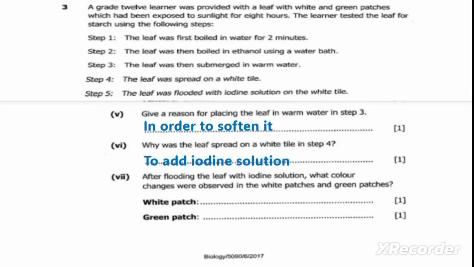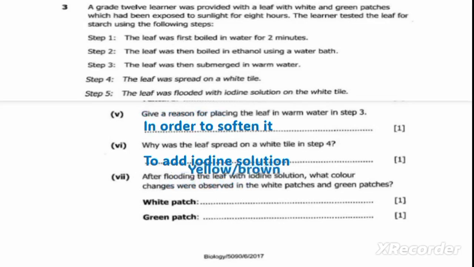Okay. Question 3A, Roman numeral 7. After flooding the leaf with iodine solution, what color changes were observed in the white patches and in the green patches? So we need to understand that white patches have no starch, so they will show a negative test, or they will show the absence of starch.